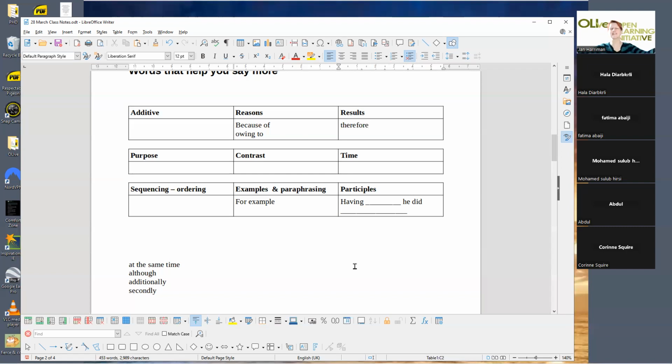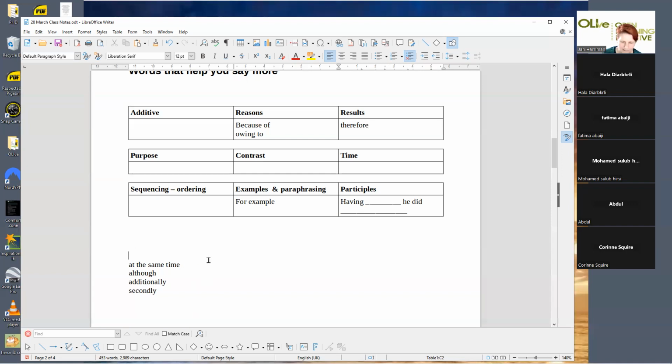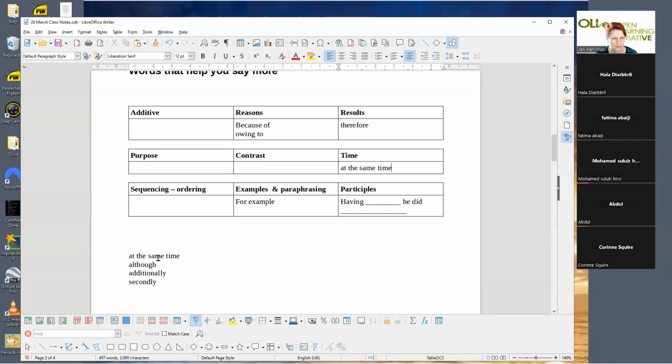Therefore, they gazed at the sea from the land. So we've got the reason and the result in that sentence. Excellent. So how about the next one? At the same time. It's the time expression. Yeah, of course, it's a time expression. There we go.